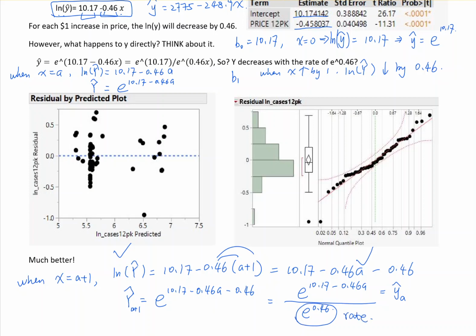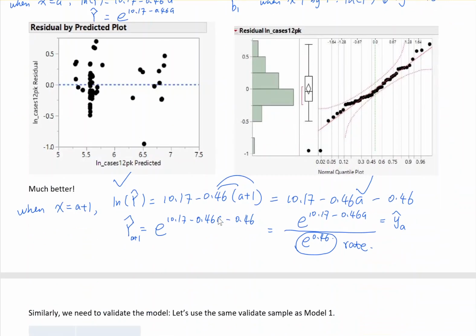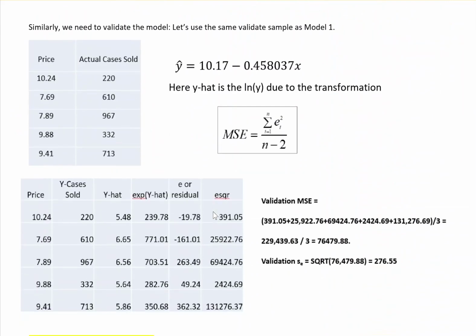Alright, so that means when we make the transformation, although we have better assumptions checked, our linear regression is much harder to explain in terms of the coefficients, right? It's much harder to explain what this b0 means, what this b1 means. And then we also want to do the same thing.